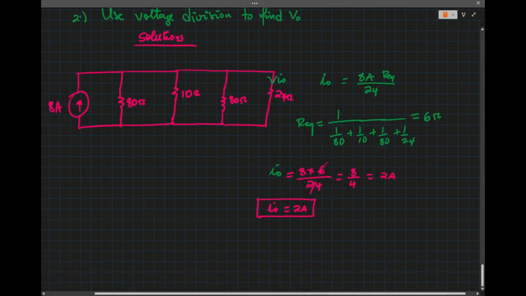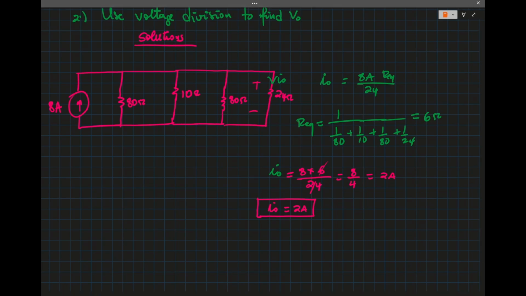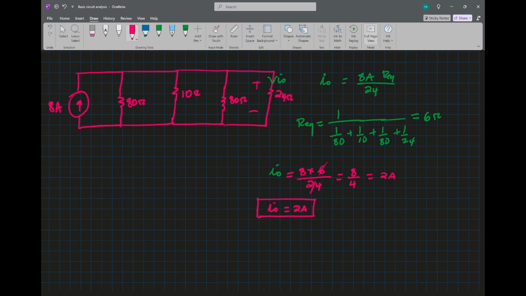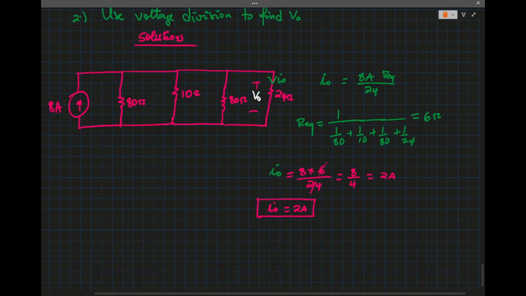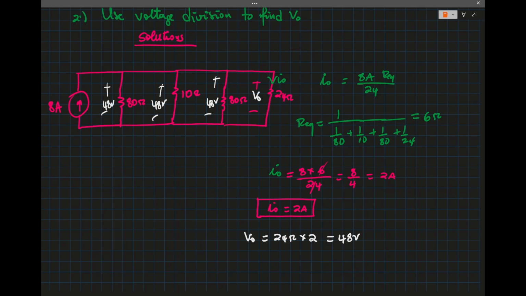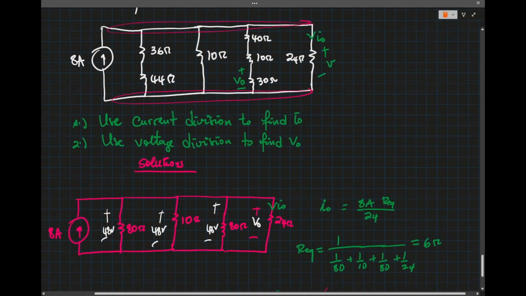Now that we know this current, we know the voltage across this. I'll call it V. So V0 is 24 ohms times 2, which is 48. So here I have 48 volt, here 48 volt.